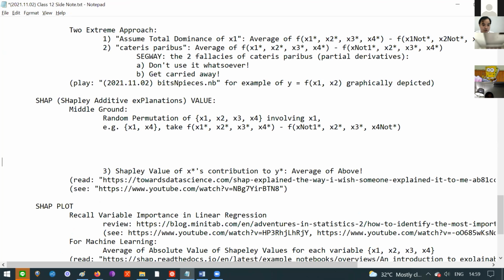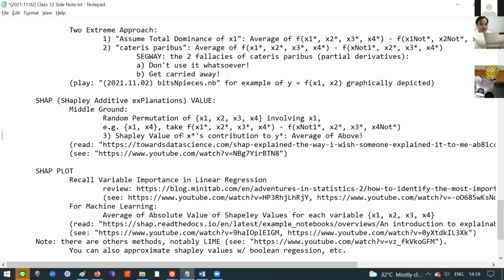So when you did this, it's sort of like a halfway, a middle ground, except you do this randomly. So the Shapley value of x1 star, its contribution to x star, is the average of all of this. Okay, so you do this, and it's a combination.